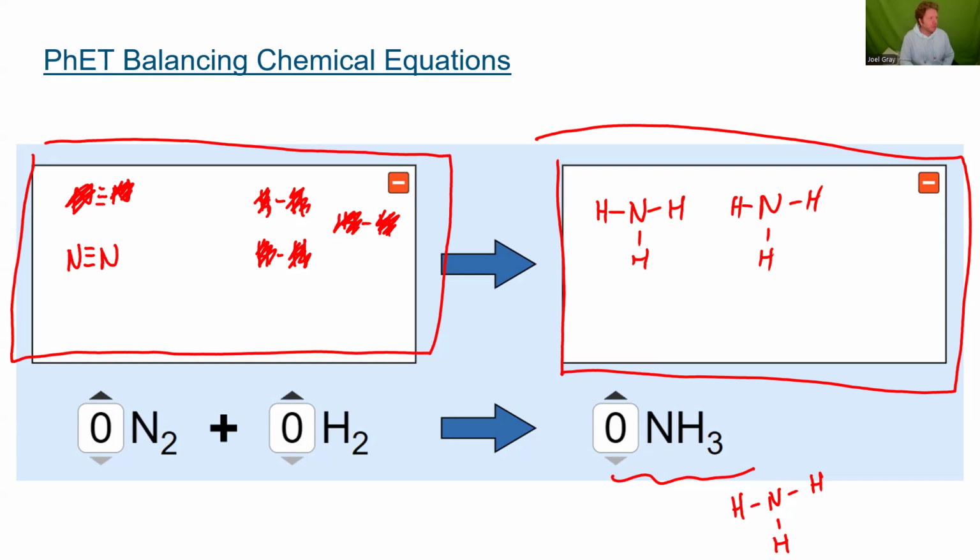Would you agree with me that N2 is in complete excess? Now you could look at this and say, oh, if I added more H2, then I could make more NH3. Would everyone agree with that statement? If I add more H2, I could make more NH3. Add a Y to the chat for yes or an N for no, I don't agree.